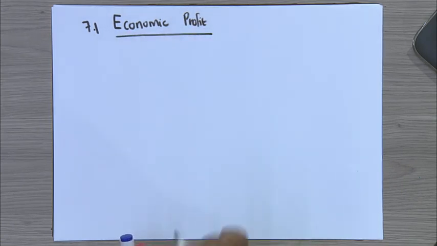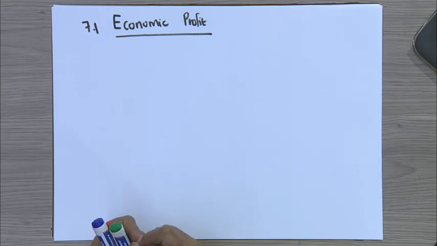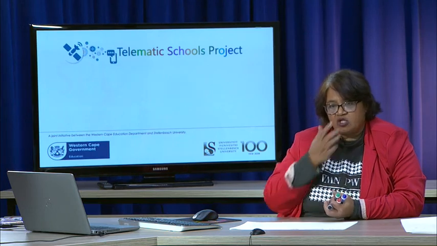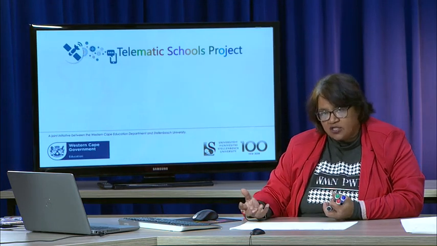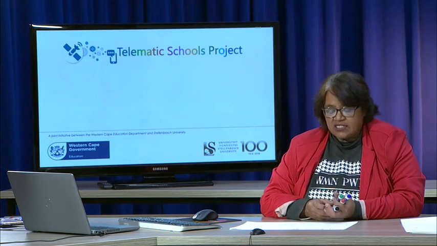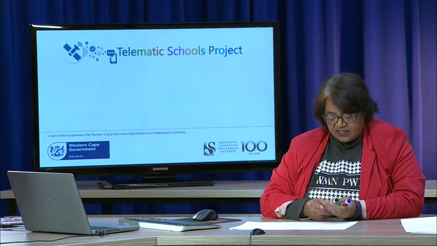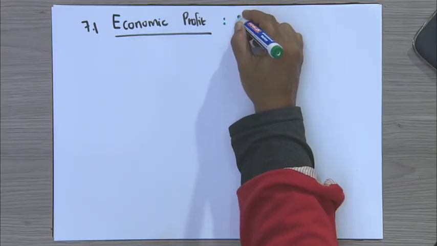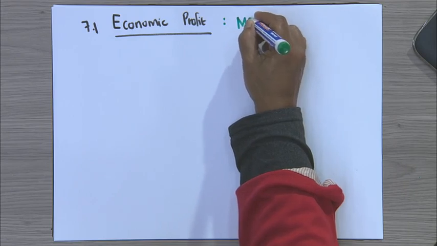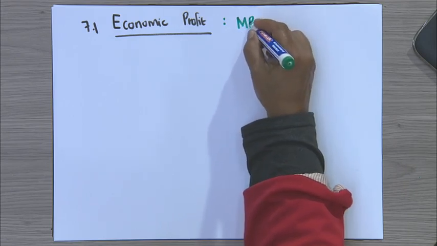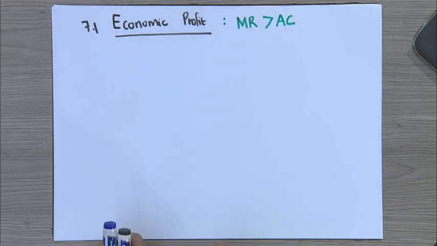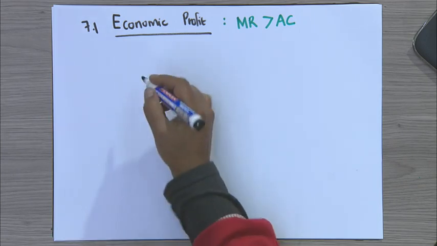Now, in order to calculate profits, we look at our income minus our expenses. Isn't that so? You look at your revenue minus your costs to calculate your profit. So in order to make a profit, it means my revenue has to always be bigger than my costs. So for economic profit, we need our marginal revenue to be greater than our average costs. So that would now show a profit.